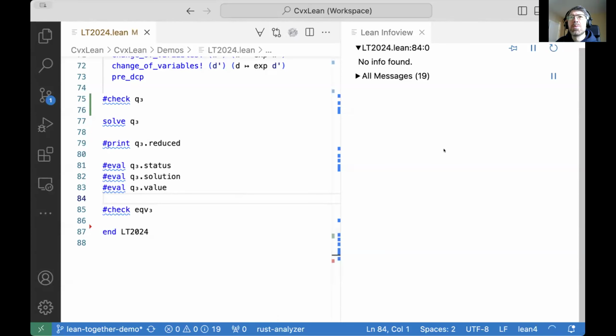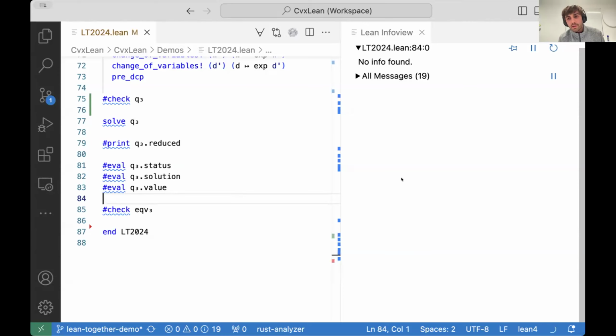Okay, we have one last question by Mario. When you prove the equivalence of two optimization problems, that means they have the same solution, but they don't necessarily have the same domain, right?